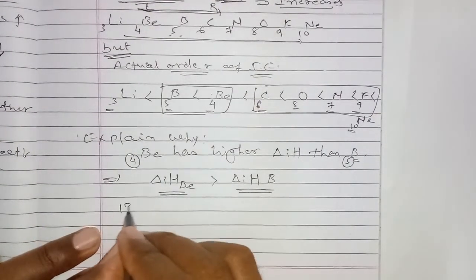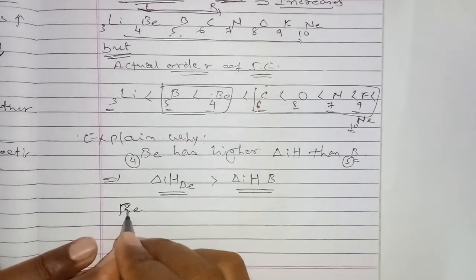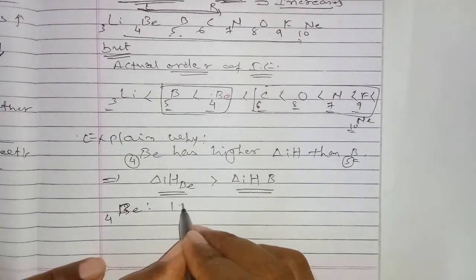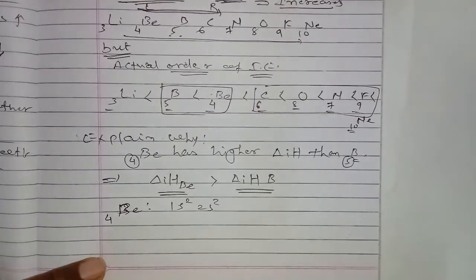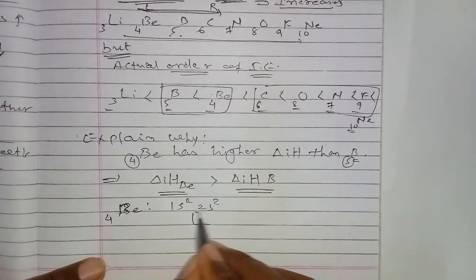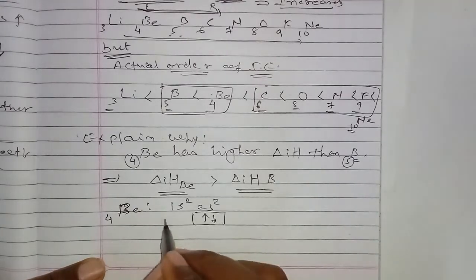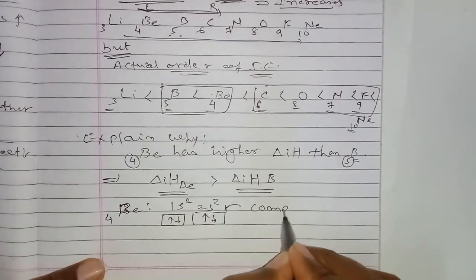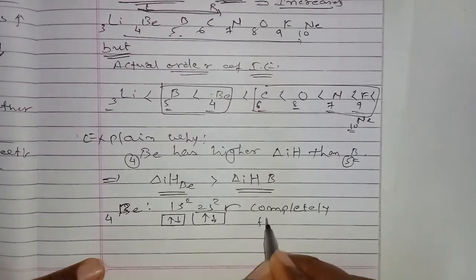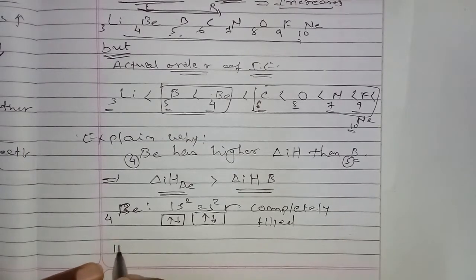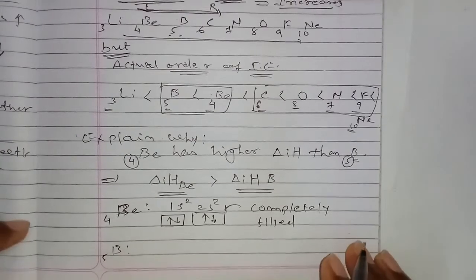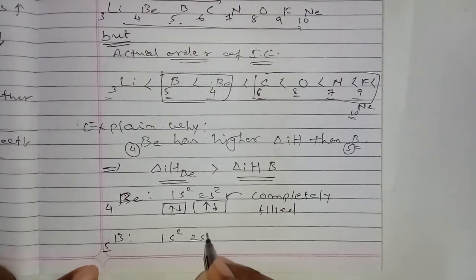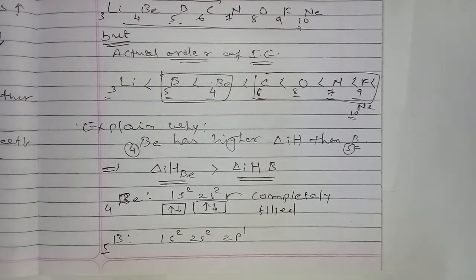First of all, let's see the electronic configuration of beryllium. Its atomic number is 4, so its electronic configuration is 1s2 2s2. Its 2s orbital is completely filled, while in case of boron its atomic number is 5, 1s2 2s2 and 2p1.